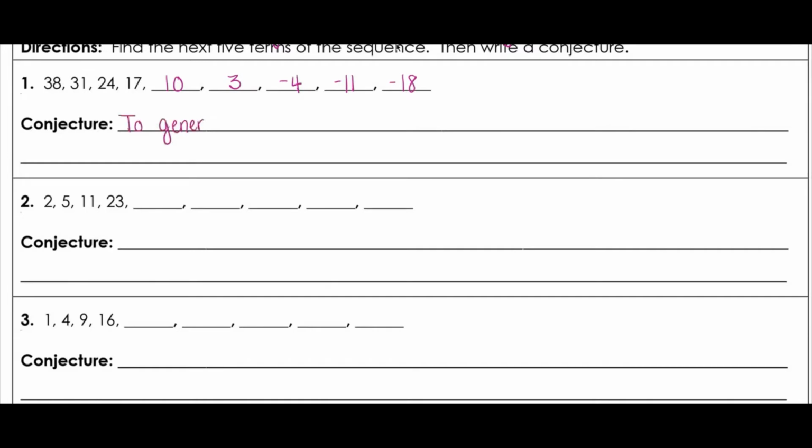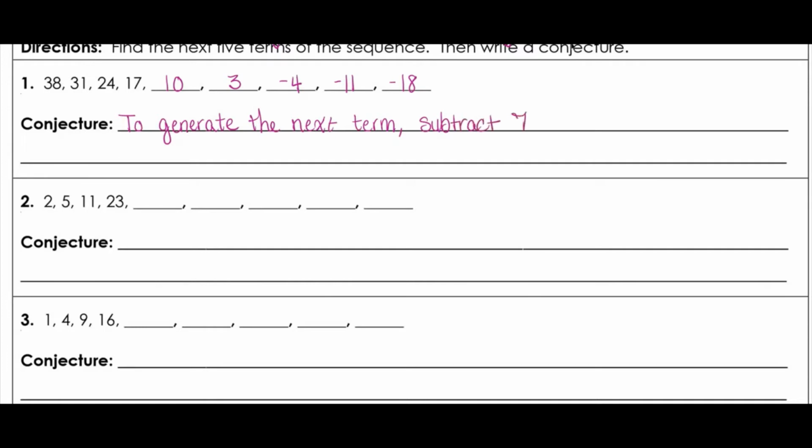So to generate the next term, that's what I'm going to say first. To generate the next term, what did we do? We subtracted 7 from the previous term.